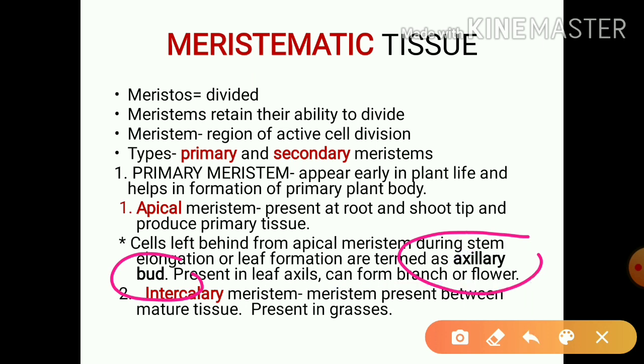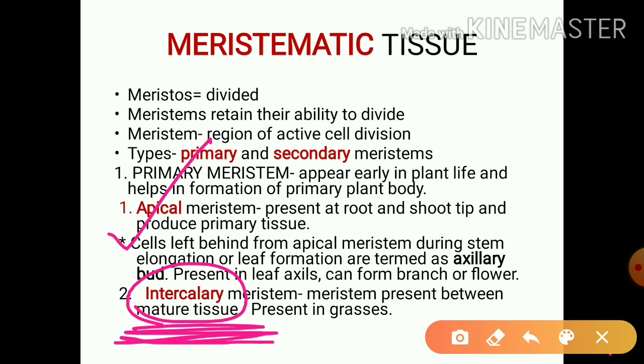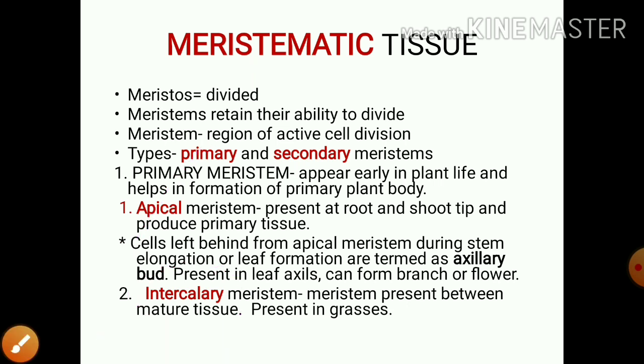Now we come to the next type of primary meristem, that is intercalary meristem. Now first one was apical, it was present at the tips, shoot tip and root tip. The second one is intercalary, it is not present at the tips, it is present between the mature tissue, and this is present in grasses, and it helps in the growth or you can say regeneration of the parts of grasses which were removed by the grazing herbivores.